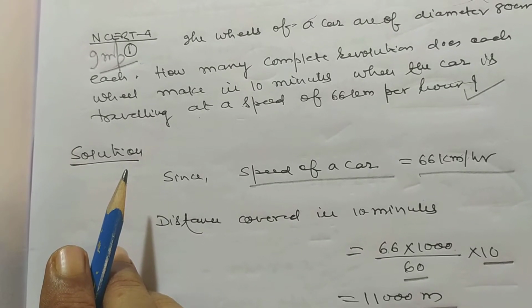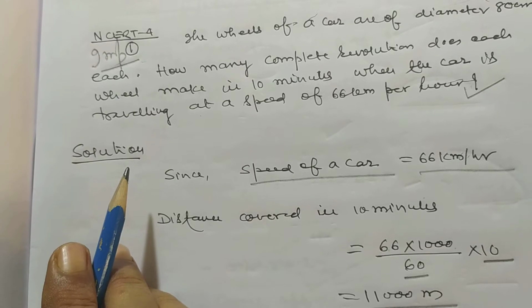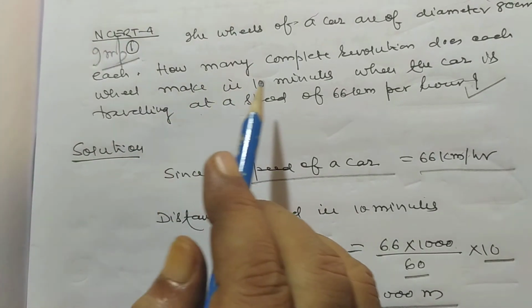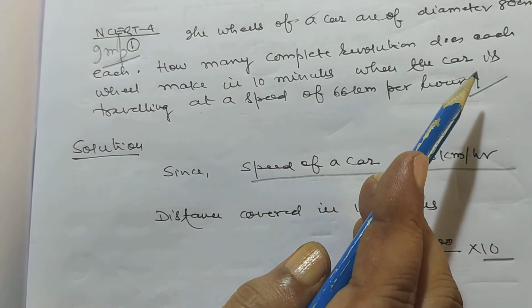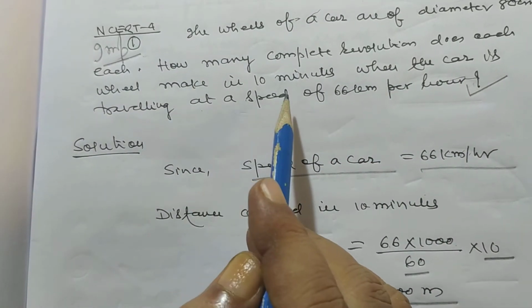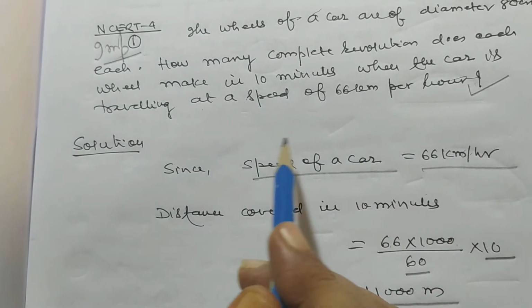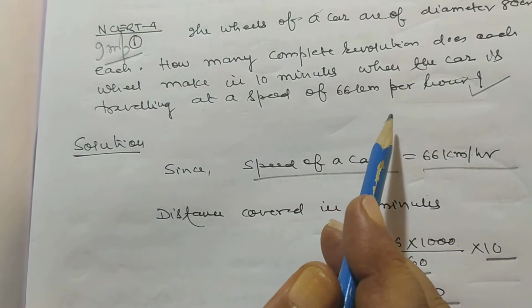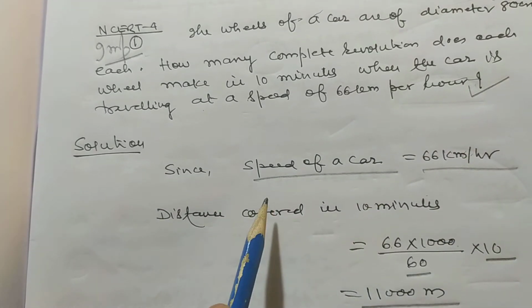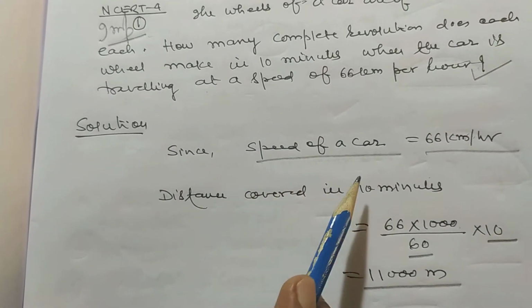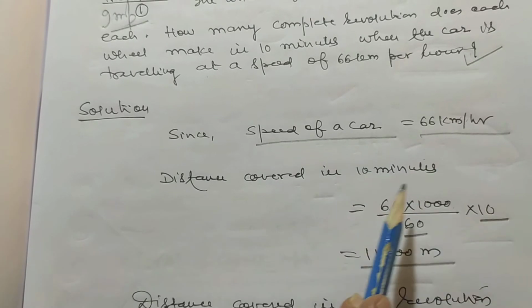So, my dear student, the wheels of a car are of diameter 80 centimeter each. How many complete revolutions does each wheel make in 10 minutes when the car is traveling at a speed of 66 km per hour? Since speed of the car is 66 km per hour.